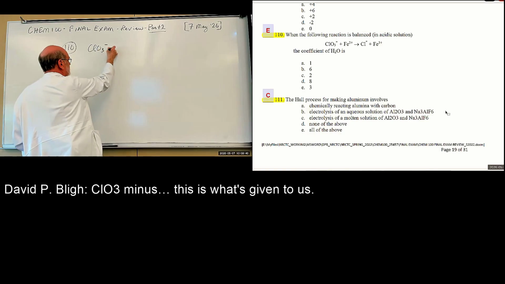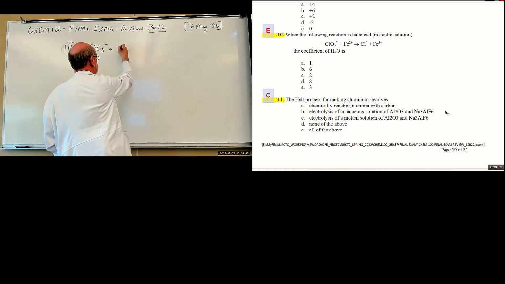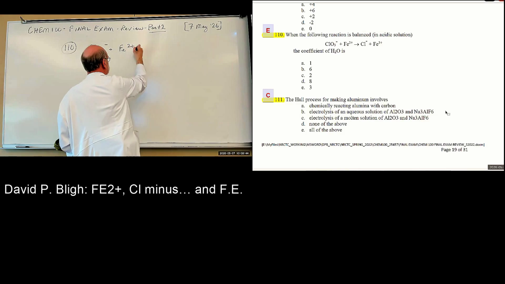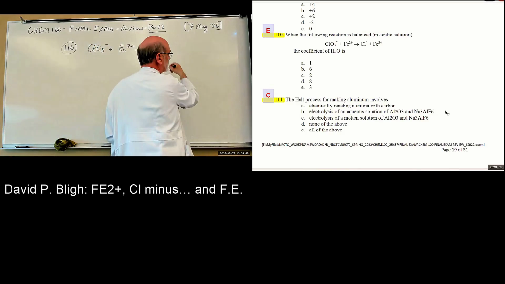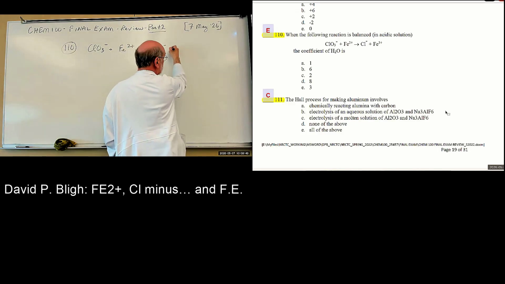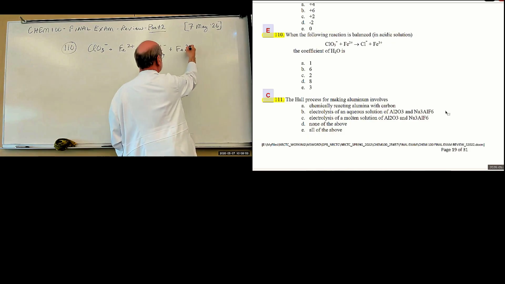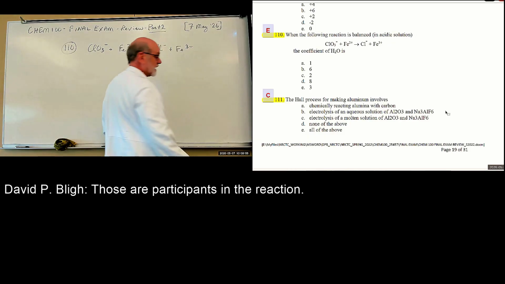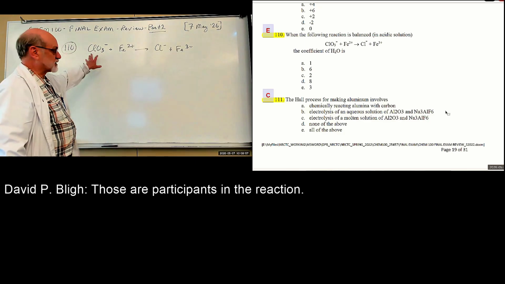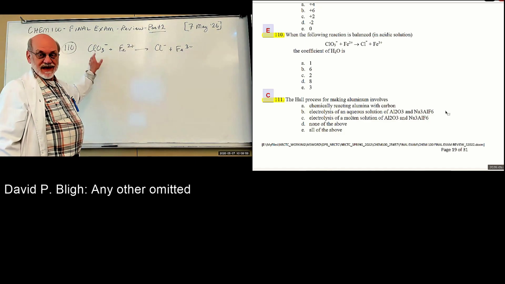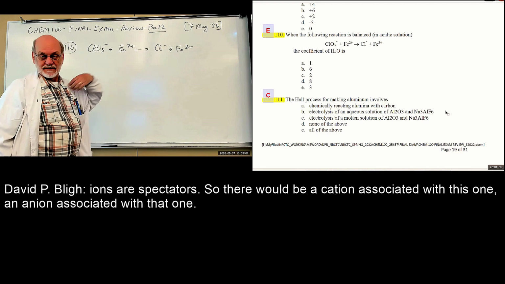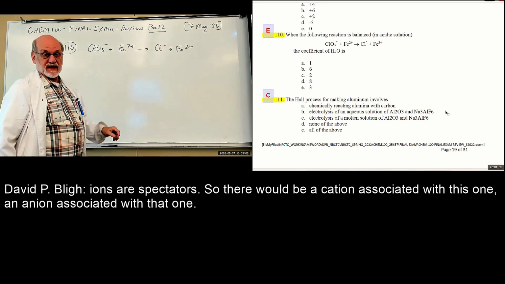ClO3 minus, this is what's given to us, Fe2 plus, Cl minus, and Fe3 plus. Those are participants in the reaction. Any other omitted ions are spectators.